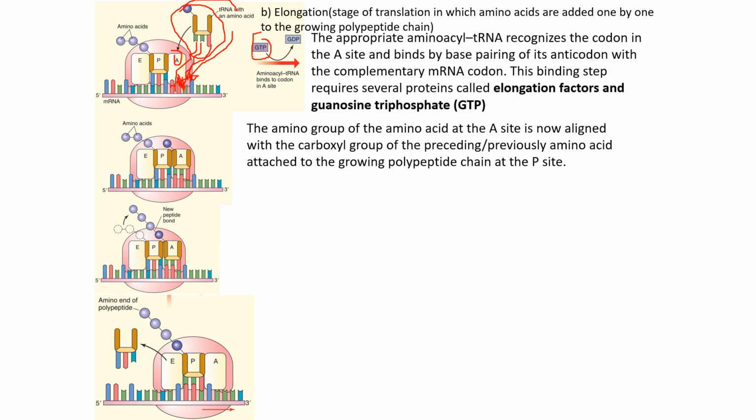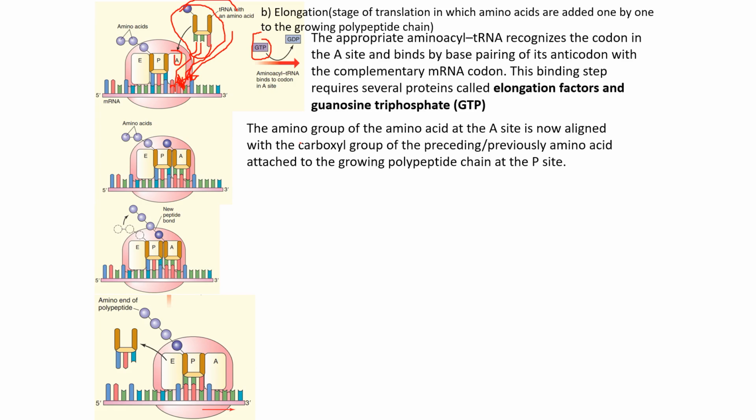Now, after that, what happens? The amino group of the amino acid at the A site is now aligned with the carboxyl group of the previous amino acid that is attached to the growing polypeptide chain at the P site. Can you get that? The amino group of the amino acid tRNA in the A site is aligned with the carboxyl group of the previous amino acid chain on the P site.